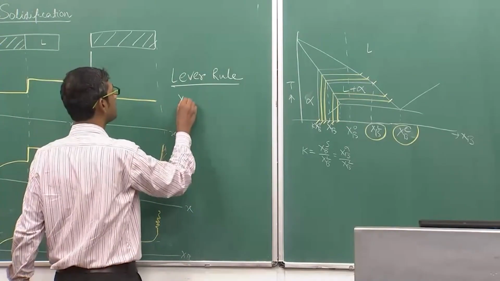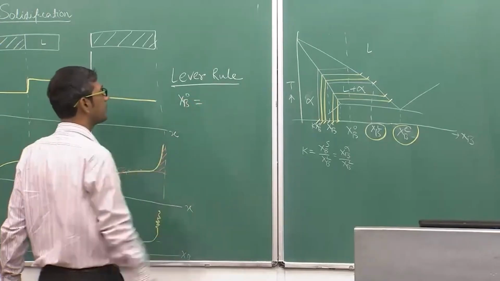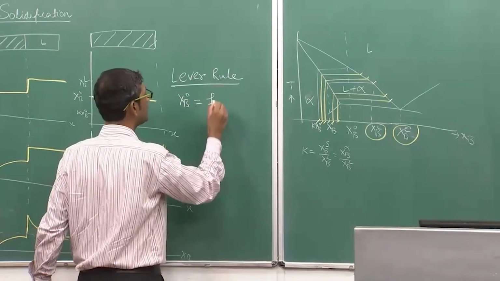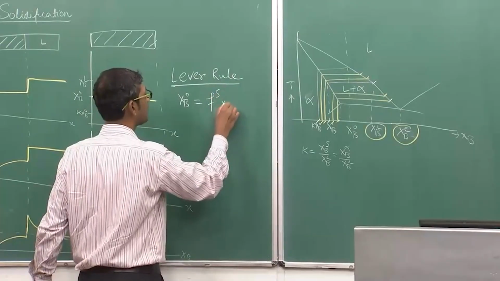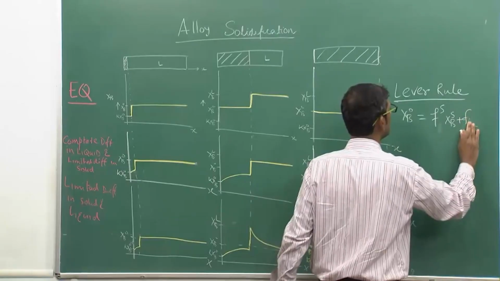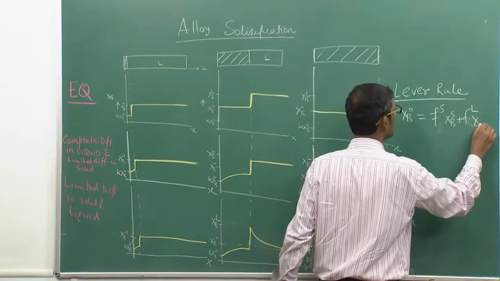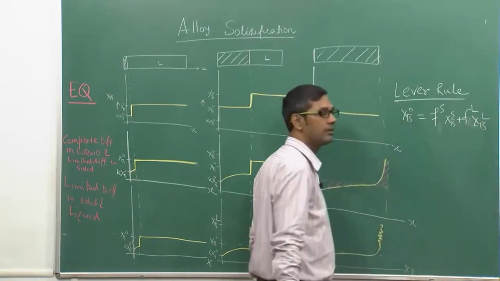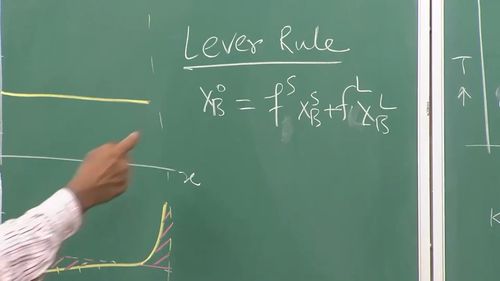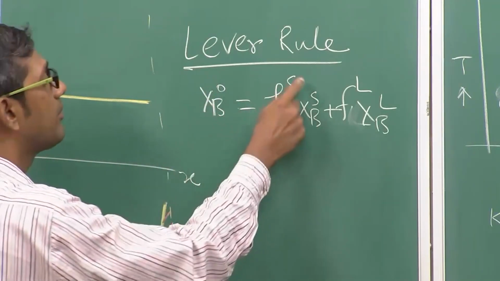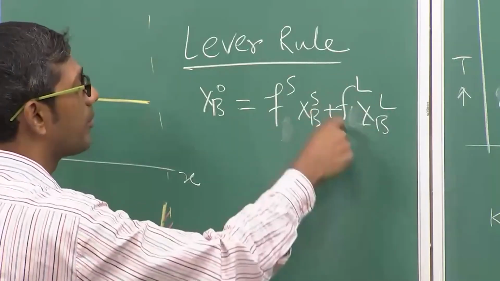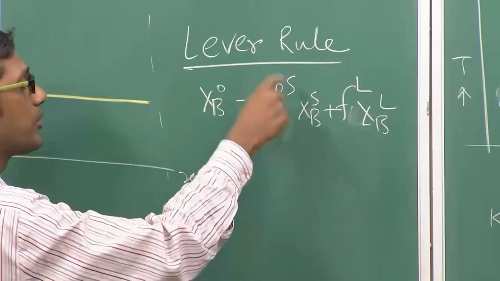Lever rule says XB0 is the base composition, that is multiplied by, suppose, fraction of solid multiplied by solid composition plus fraction of liquid multiplied by composition of the liquid. Mass balance must be retained, correct? This is the original alloy composition, that must be equal to the total composition of the solid multiplied by the total composition of the liquid. How do you get total composition of solid?